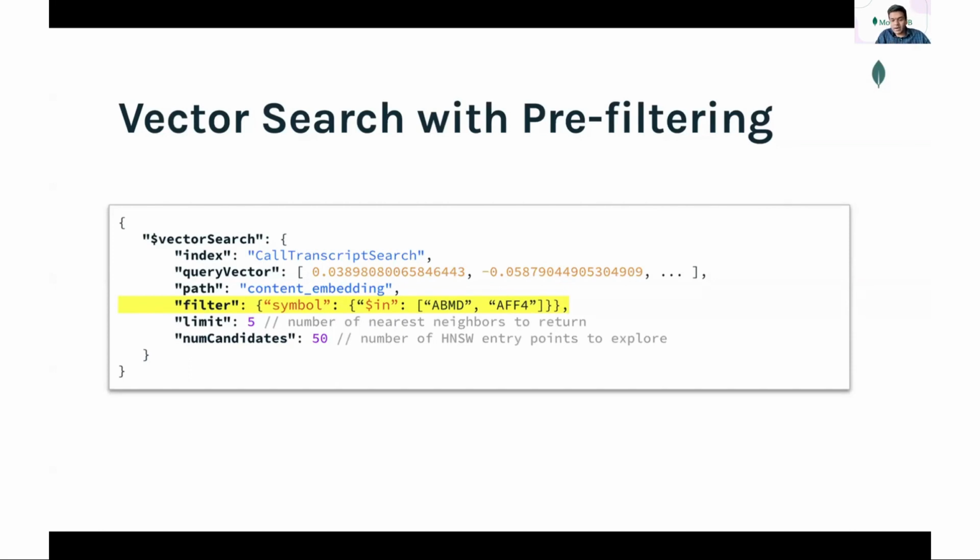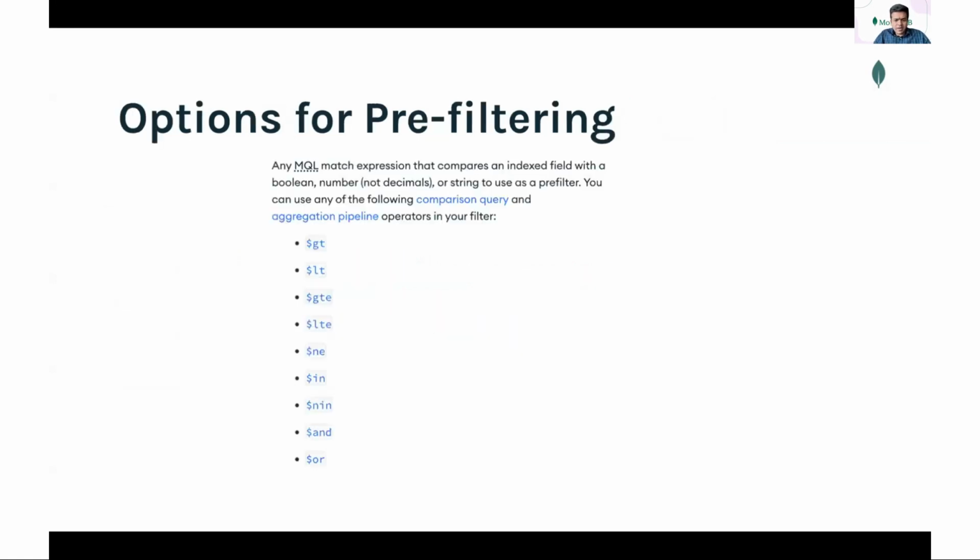That's what numCandidates allows you to do. HNSW, which stands for hierarchical navigable small worlds, is the algorithm we use for this kind of approximate nearest neighbor search. And again, there's a lot of rich syntax capabilities that you can use to improve your RAG.